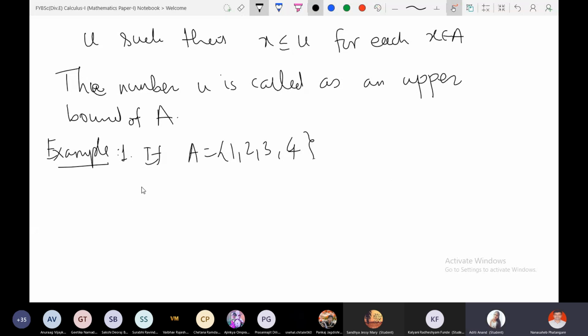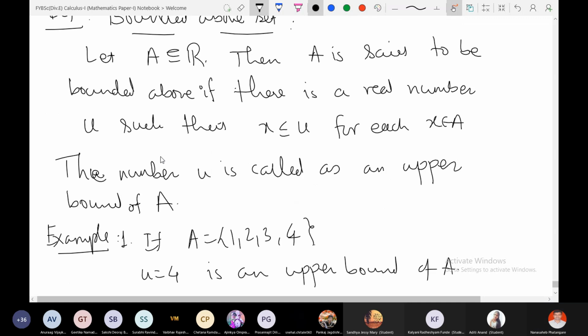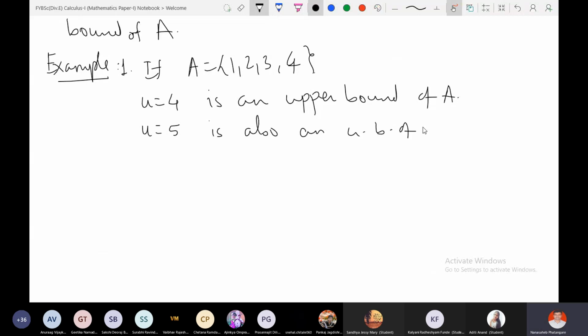Okay, so U equal to 4 is an upper bound of A. Now if I take U equal to 5, isn't it an upper bound? Yes, because the definition says U is a real number, it may not be a member of the set. The only thing is that every member of the set is less than or equal to U.